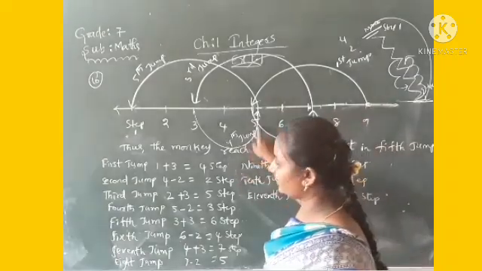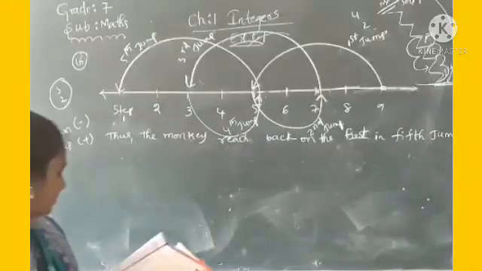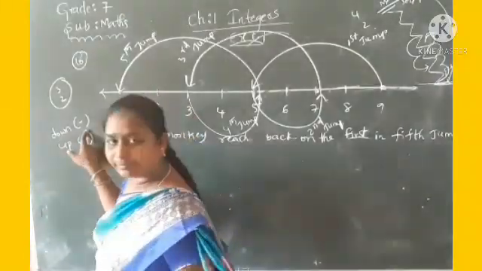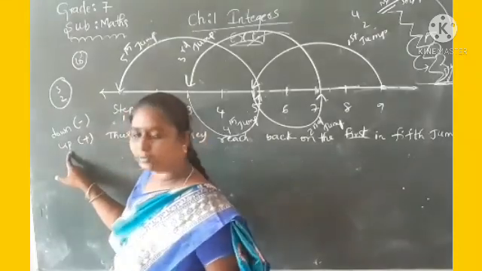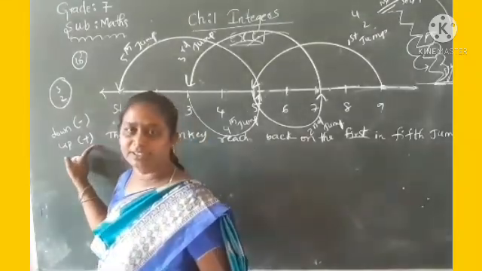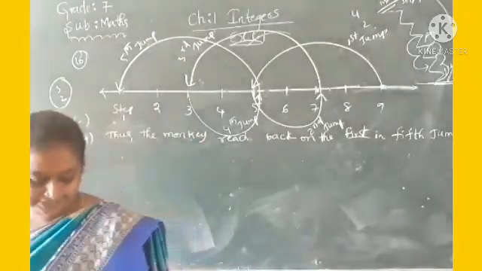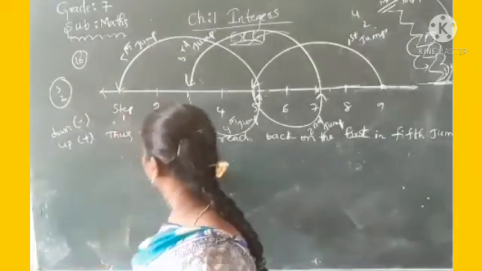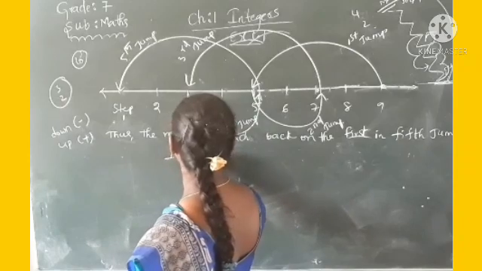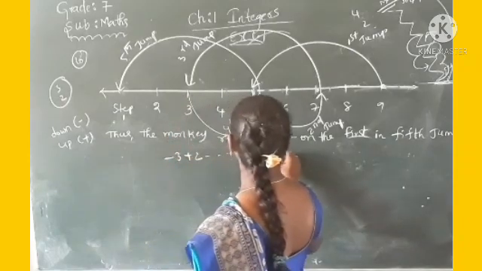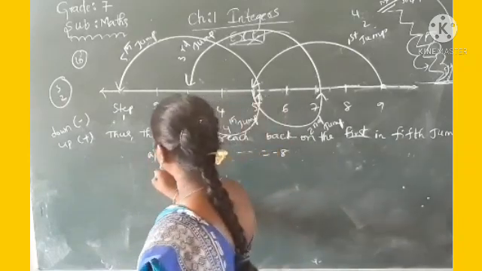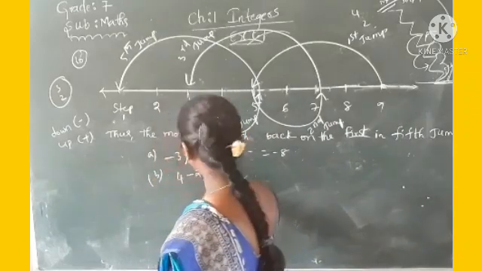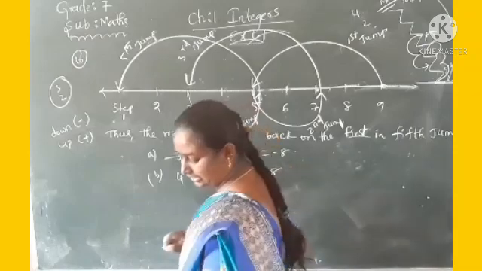So observe from this: in the condition, down represents the negative integer and up means you have to take the plus. So minus 3 plus 2 and so on is equal to minus 8 in question A, and in B, 4 minus 2 plus and so on is equal to 8.